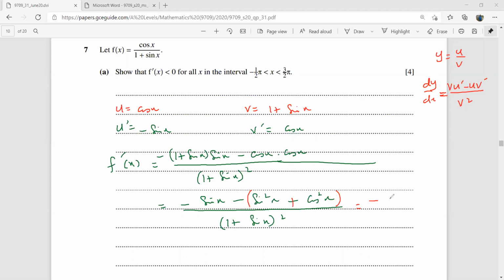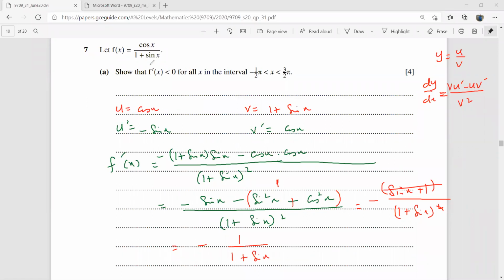So this is going to be minus sine x plus 1 over, I have taken a minus common again because this is 1. So if you take a minus common, this would become minus into sine x plus 1 over 1 plus sine x whole square. You see that I can cancel them out like this, okay? So this is going to be minus 1 over 1 plus sine x.